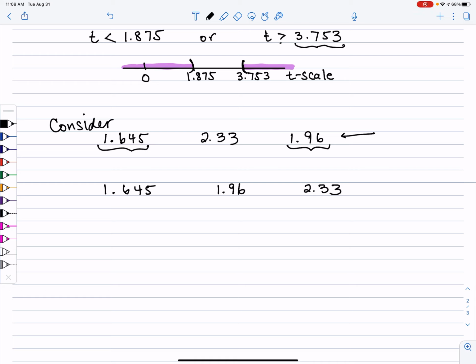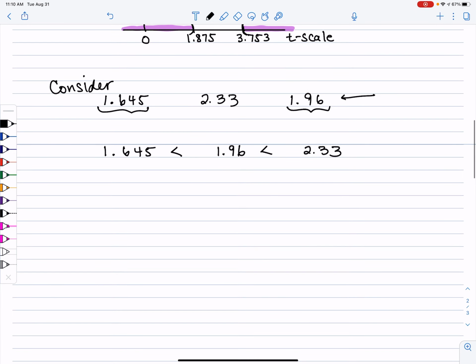We say that 1 and 645 thousandths is less than 1 and 96 hundredths, and is less than 2 and 33 hundredths. So we have a compound inequality. We are comparing 3 numbers using a compound inequality.